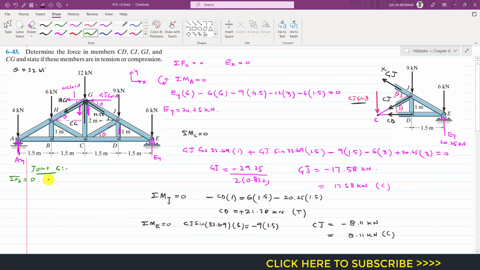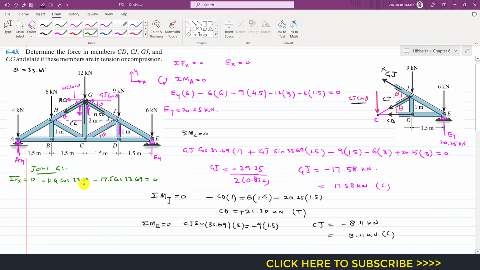Let me write. Hg cos of theta, and theta is 33.69, and this Gj is also acting in the negative x, so I have to write minus here, and minus Gj, and Gj magnitude is 17.58, so I will write 17.58 cos of 33.69, and this is equal to 0.